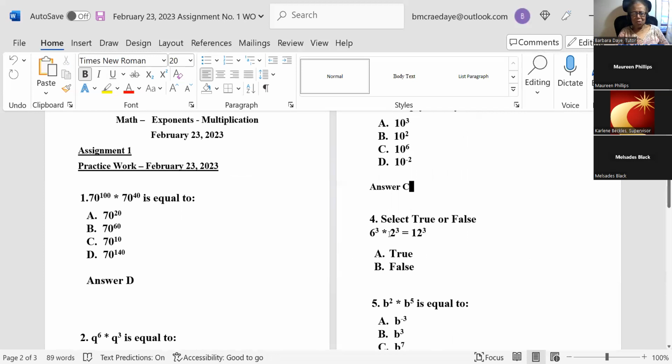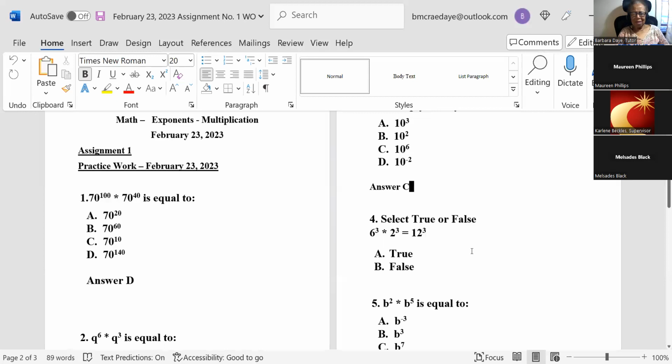But what's the rule when the exponents are the same and the bases are different? What do you do? You evaluate them and then you do multiplication.